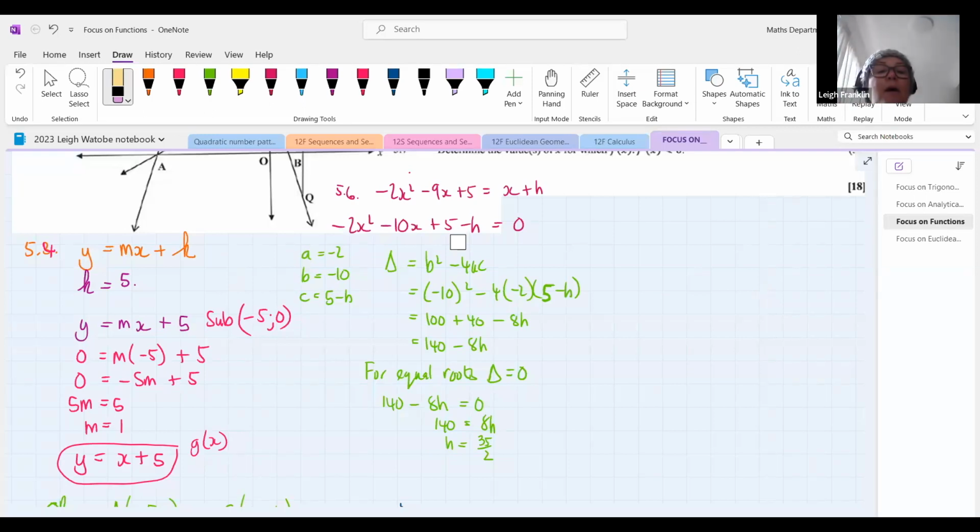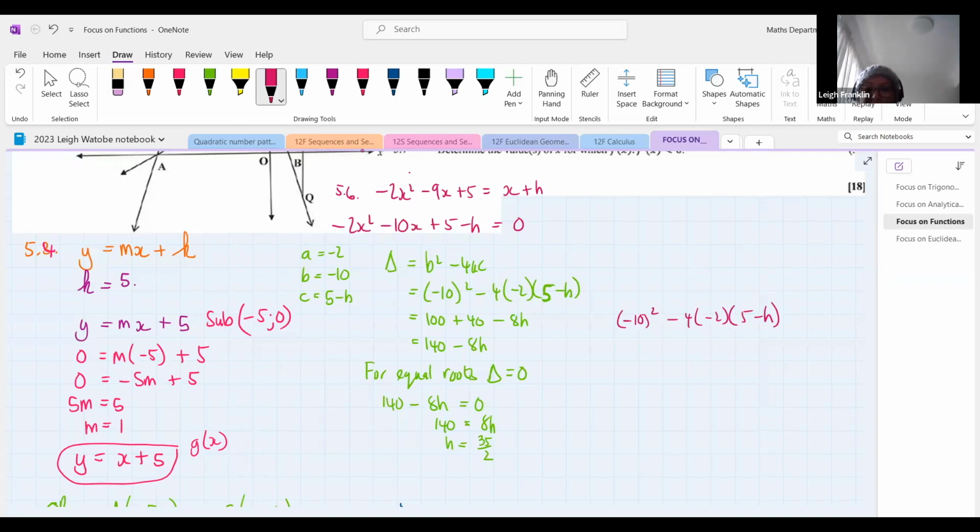Okay, so Lebogang and anybody else, you've got the minus 10 squared minus 4 times negative 2 times 5 minus h.